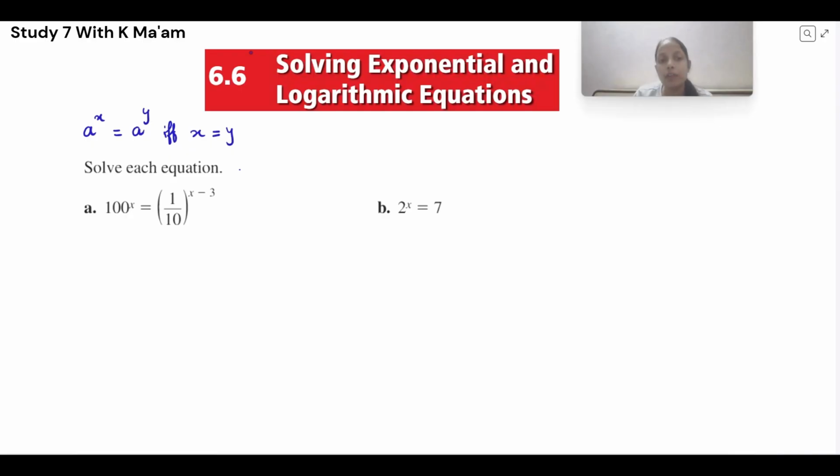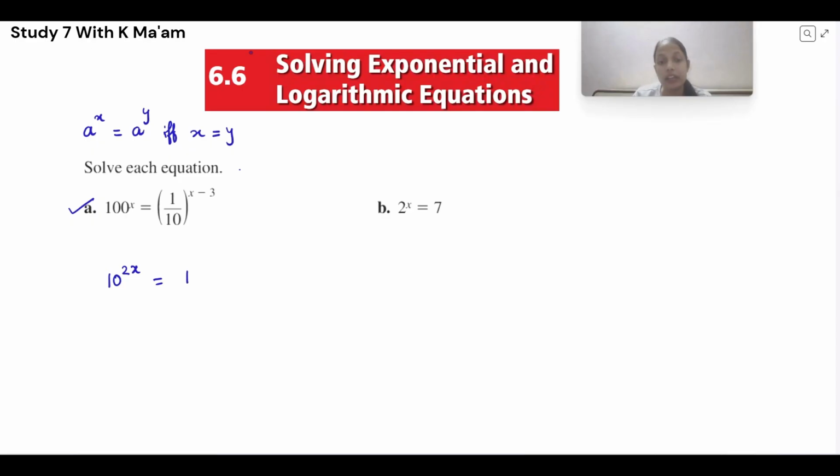I am looking at question number 1, part a: 10 power x is 1 over 10 to the power x minus 3. There is a 100. 100 can be written as 10 power 2. Power is x, so it becomes power 2x. Here is a 1 by 10, but I want something in a 10 power.